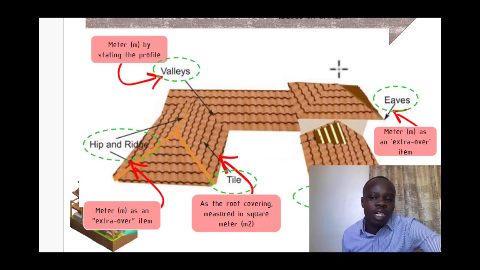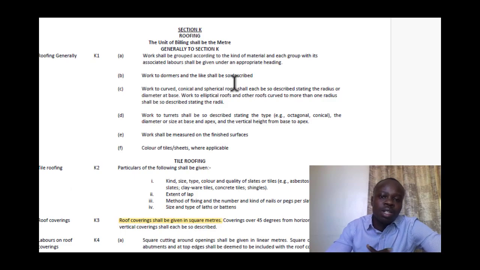Okay, so that said, you have seen those various components of the roof. Now we want to see how you measure them in terms of the standard methods of measurements. So let's have a look.